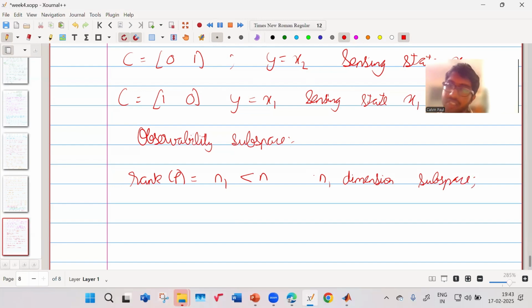That means if your initial condition, etc., is in that subspace, you're able to estimate the other things, right? Or there's certain limits on what you can estimate. But if your rank is n, then you're able to completely estimate the states of your system.